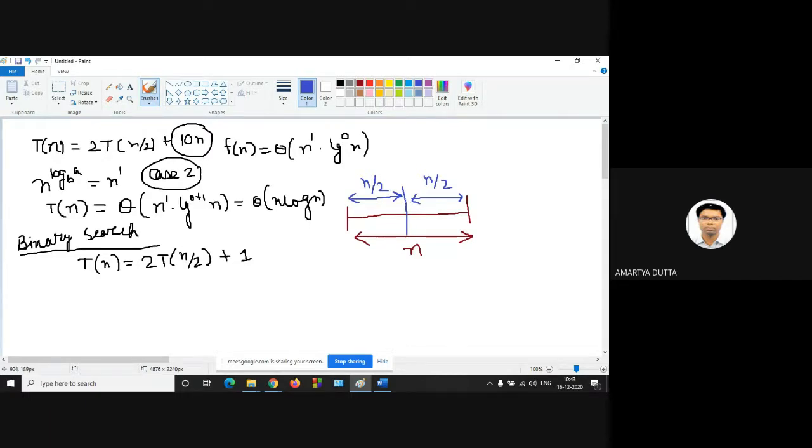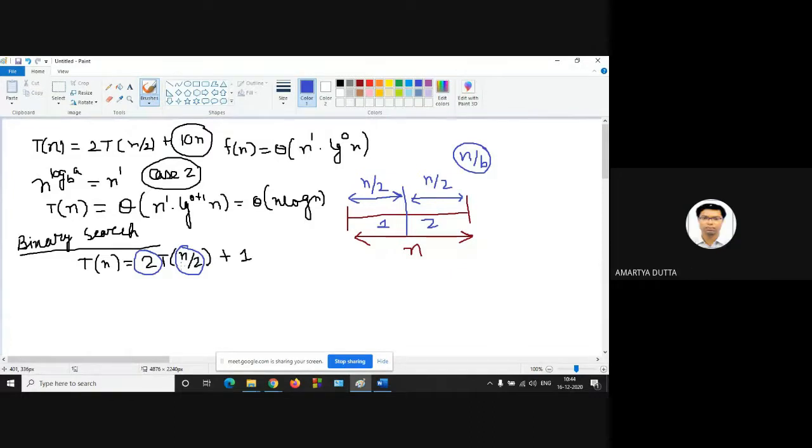Every time in divide and conquer, you recursively divide your problem size n into b parts, so that each subproblem size will be n by b, and there will be a total of a subproblems. So here the value of a is 2 and each subproblem size is n by 2 because you are dividing your array into two parts. Is it clear?